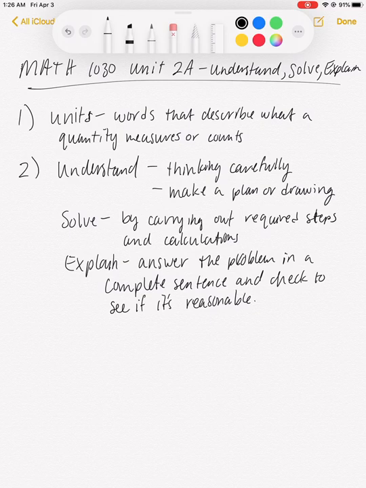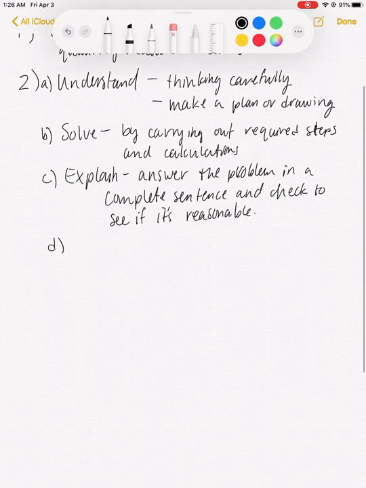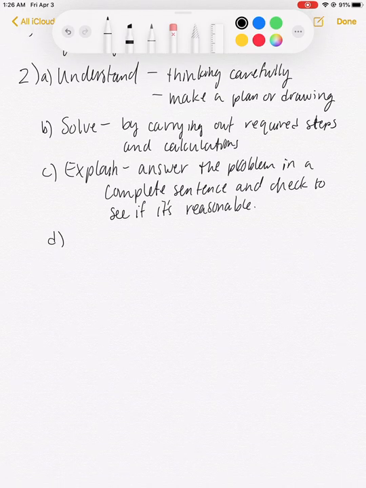So in part D here, so it's A, B, C, and D, we're going to use an example of the understand, solve, explain framework for a sample problem. So this is our Earth rotation problem. How fast does the Earth rotate?